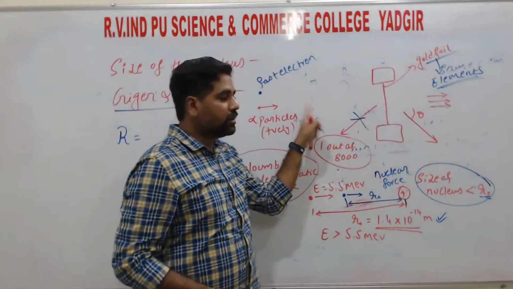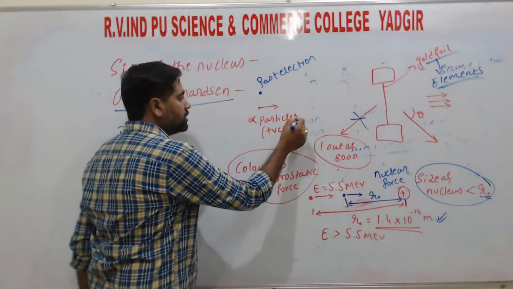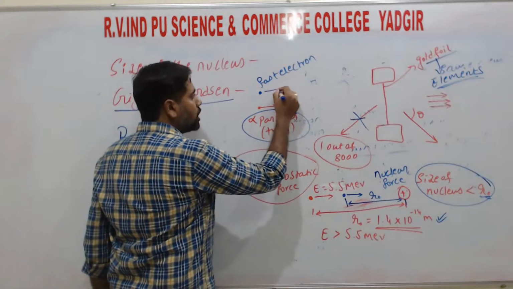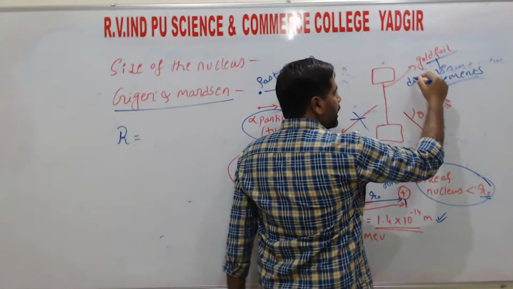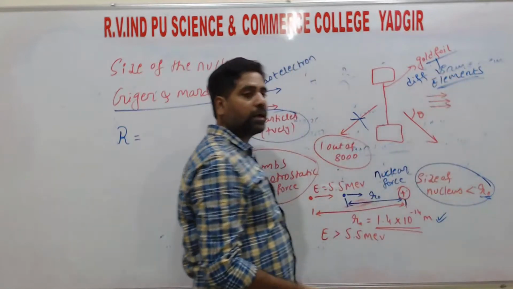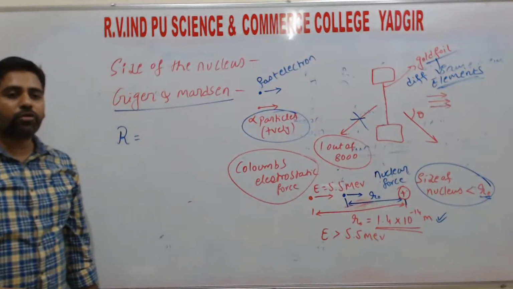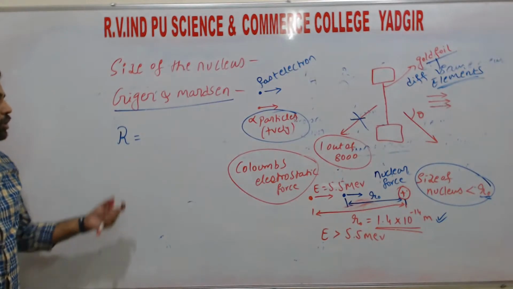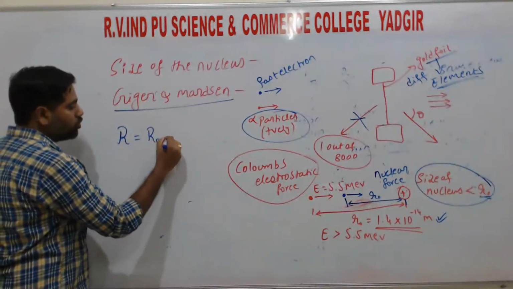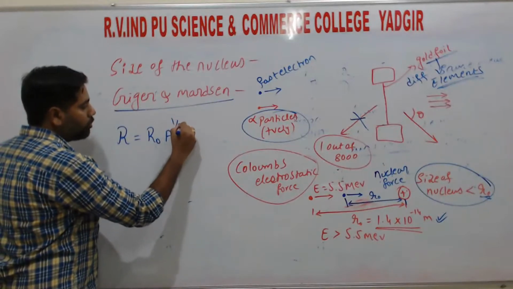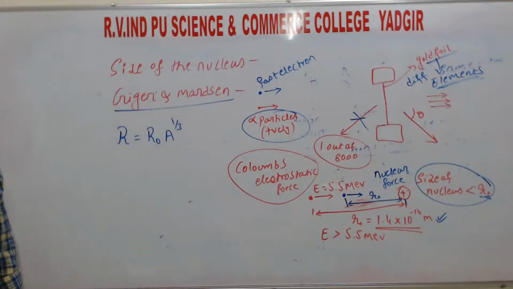After conducting this experiment, that is replacing the alpha particle by fast electrons and also replacing the gold foil with different elements, he found the radius of the nuclei of all the different elements. So that value is almost R equals R naught into A to the power of 1 by 3. Right?